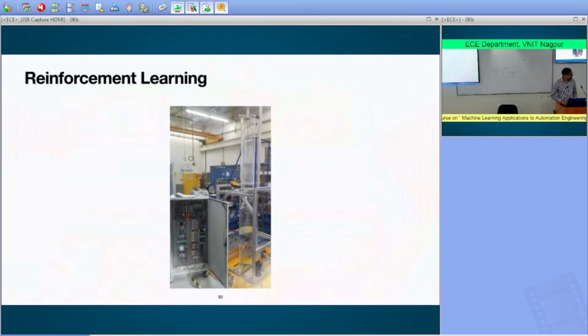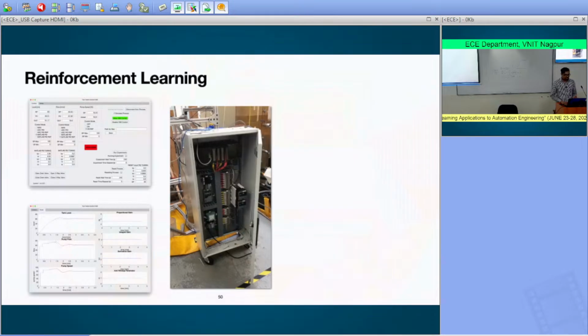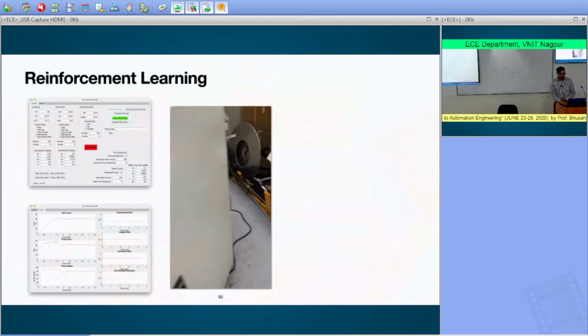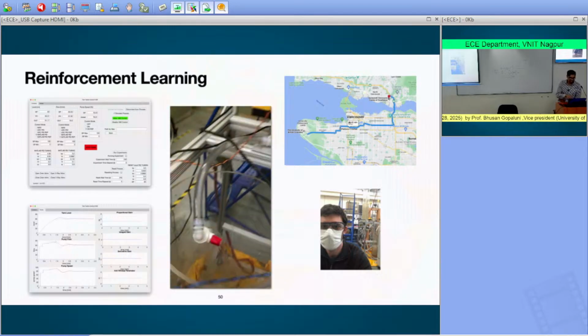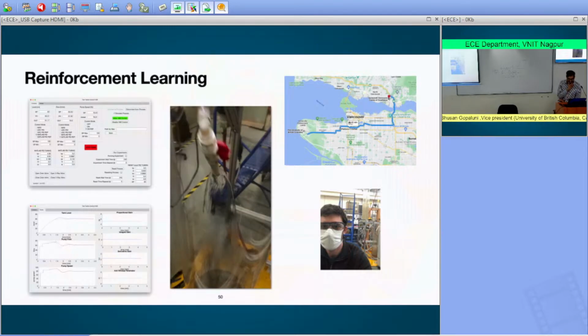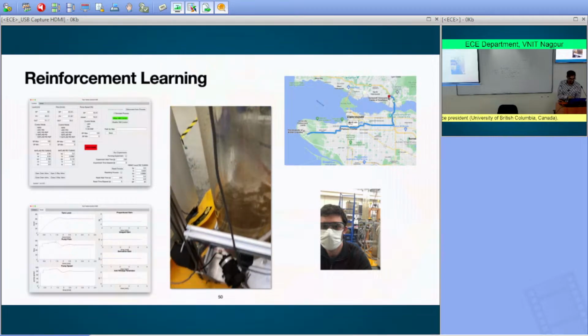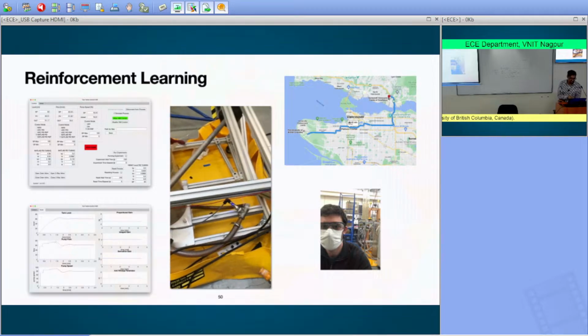All right. I'm just going to wrap this section up with a few examples. So this is the setup that I talked about, the Honeywell setup. That's Nathan Lawrence, my student who did this work.